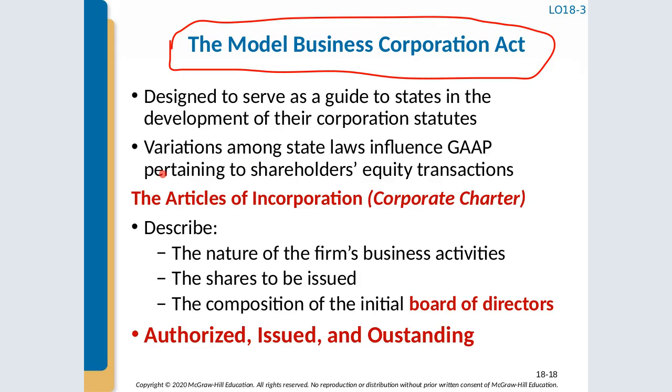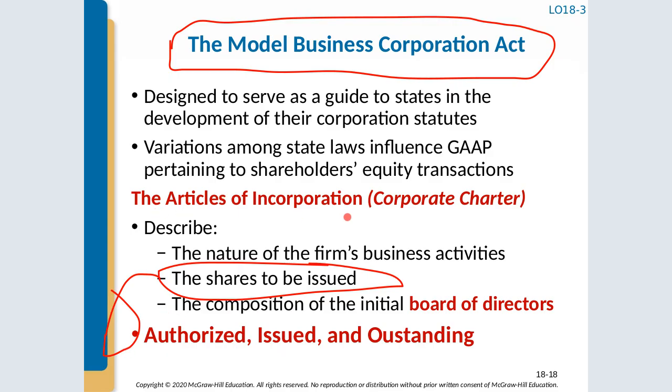One of those are the articles of incorporation that we mentioned, and the bylaws, etc. In the articles of incorporation, it states the firm's business, the type of business that they're going to be engaging in, who are in the board of directors, and then it also talks about the shares to be issued.